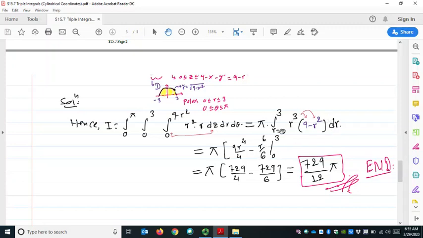Then put the r limits 0 to 3. Put r equal to the upper limit inside the bracket and subtract the lower-limit values, but the values at the lower limit are all zeros. So only put r equals the upper limit. This gives you this value, and simplifying, it is 729 pi over 12.